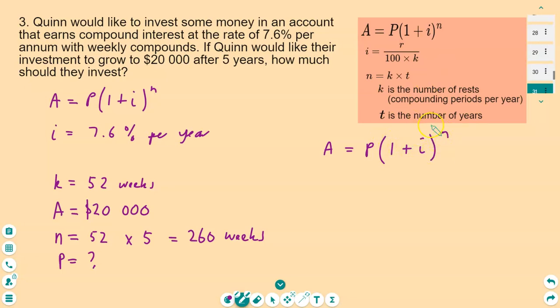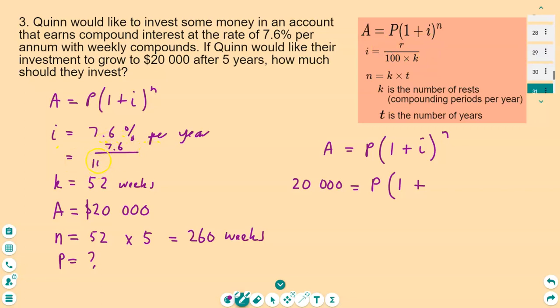You can either substitute and then rearrange, or we're going to do that. Let's substitute our knowns. We've got A is 20,000. P, we're actually trying to find P. Well, we need this as per week. That's where our little magic formula comes in.